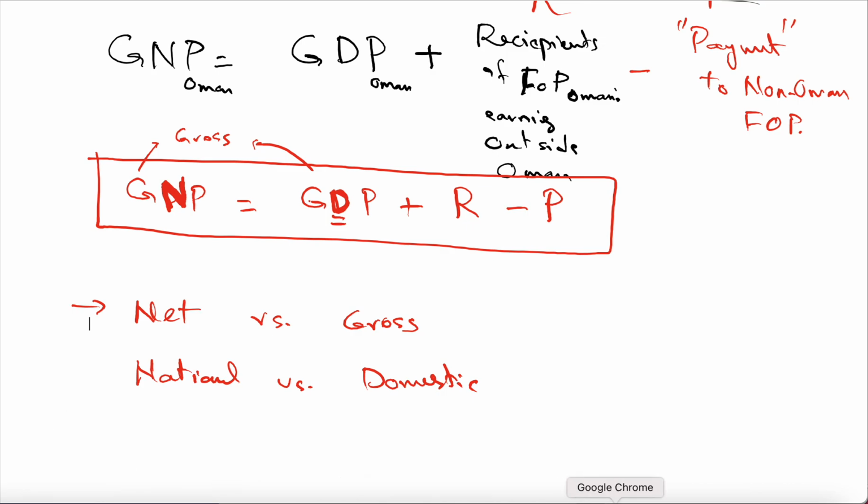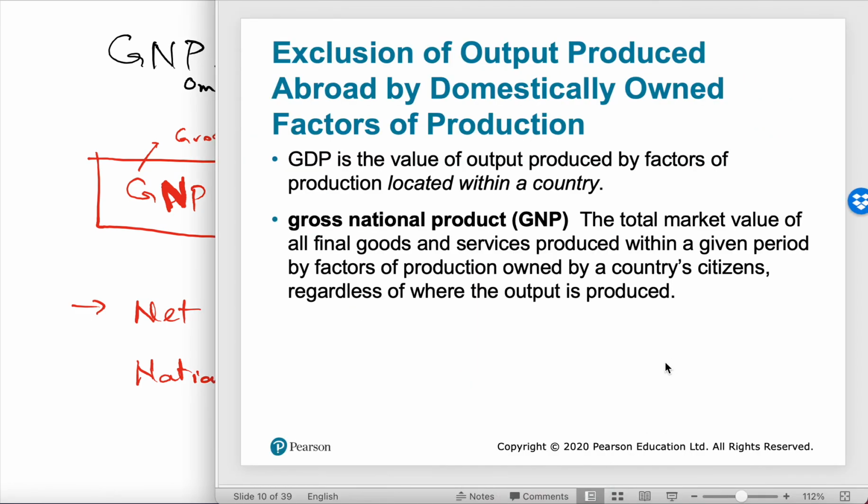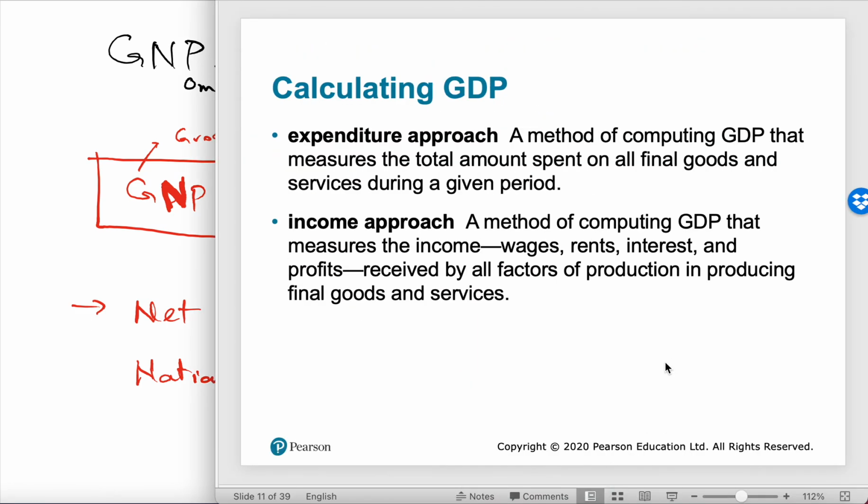Before I go to part 2, I should say that there are two more ways of measuring the GDP. Number one was the value added, which we have already covered. The other two are called the expenditure approach and the income approach.